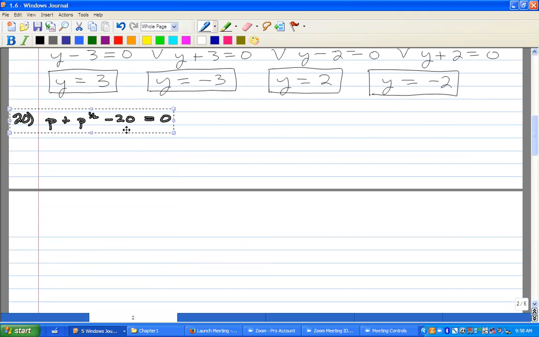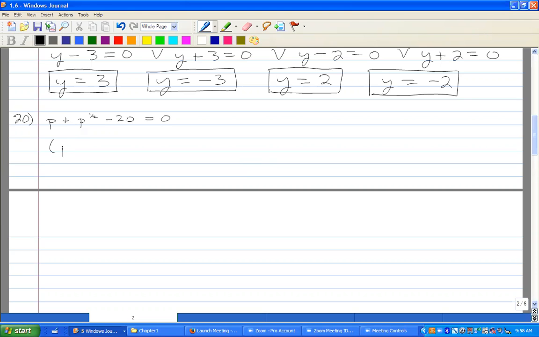There are several different ways to do this. Here it says to factor, so we'll factor. I could also do this using the fact that this is a radical equation and solve it from there. But what I'll do here is this is a monic quadratic trinomial in p to the 1/2.